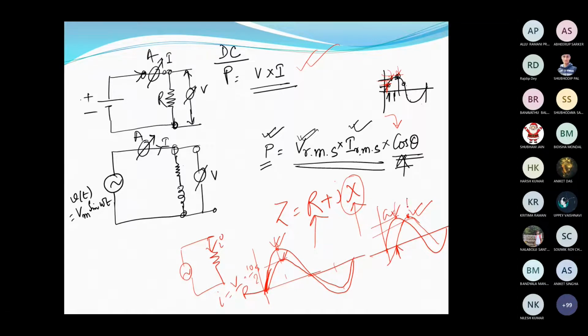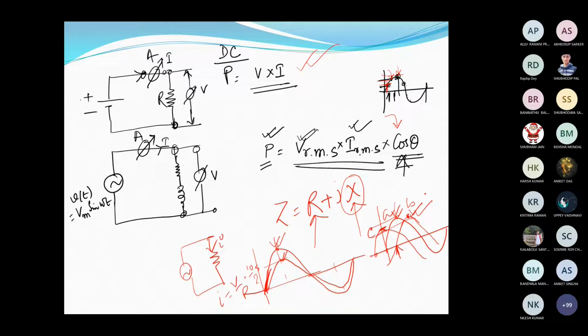Say A is one quantity, B is another quantity, and there is another quantity like this, say C. Then C is actually reaching its peak earlier compared to this one as well as this one. So C is leading this one as well as this one. Are you understanding?